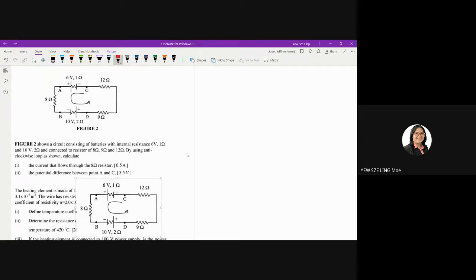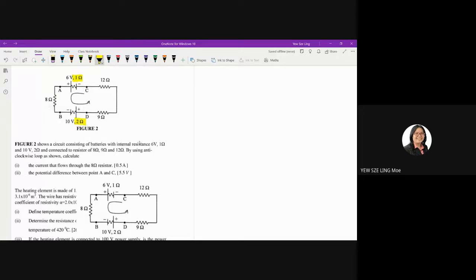Okay, now let's look at the diagram. If you notice, you are given a value with a comma across the battery. When you have a comma with a value with the unit ohm, then it indicates this value belongs to internal resistance.